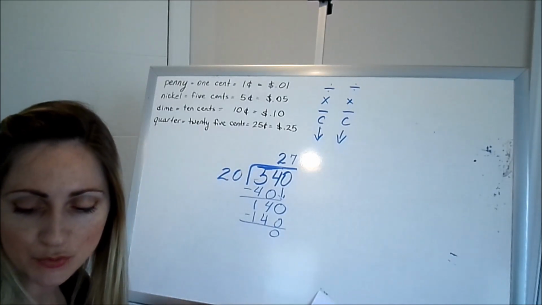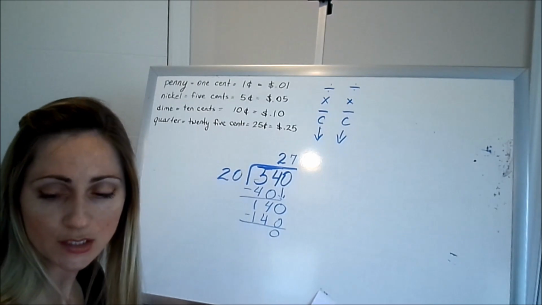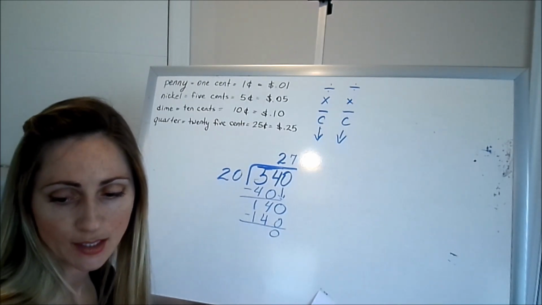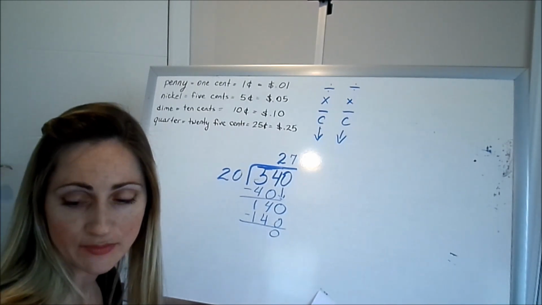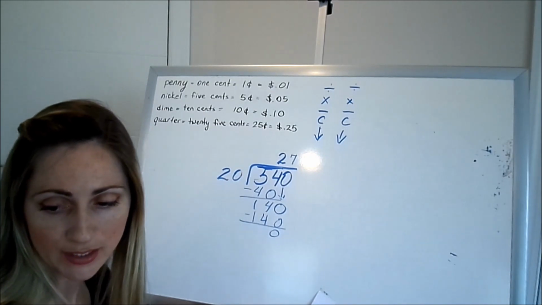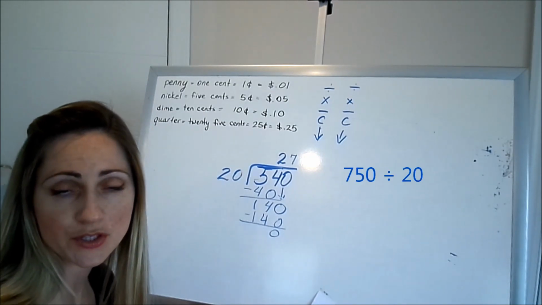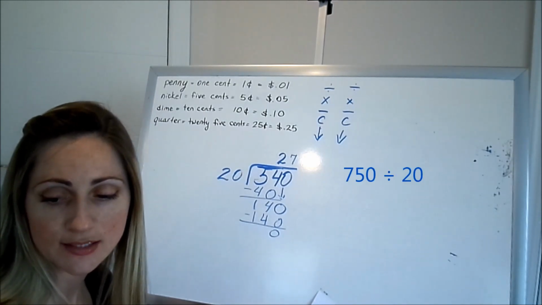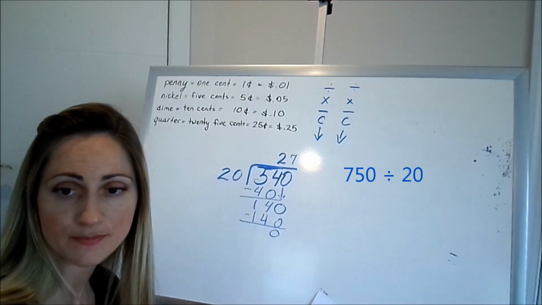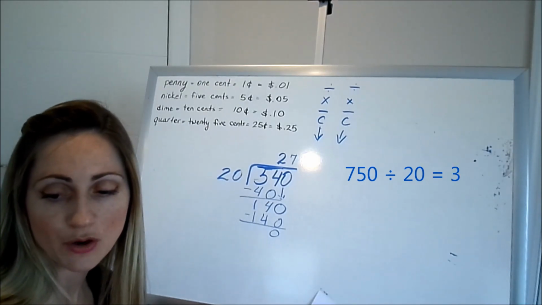Open up page 259. Look at the yellow box. Look at what they did with 750 divided by 20. Those are your steps. Look at what they did. They divided 2 into 7, but wrote the 3 over the 5.